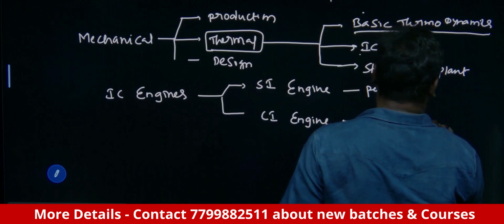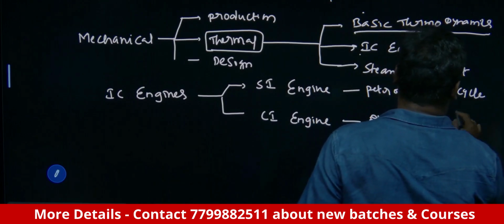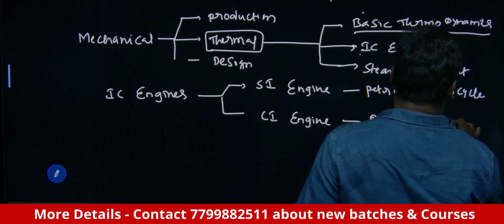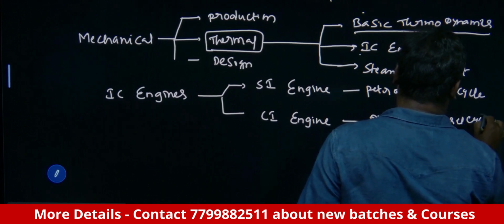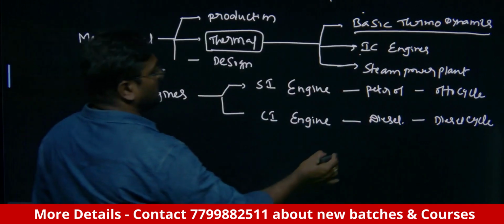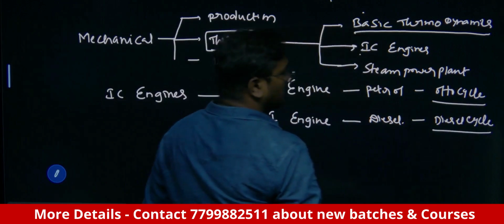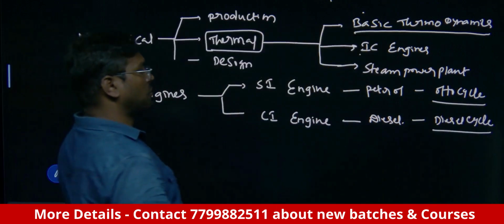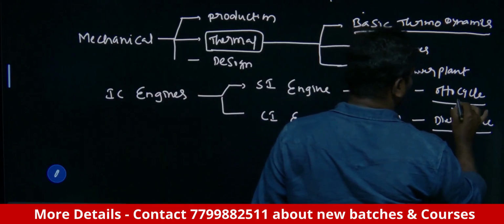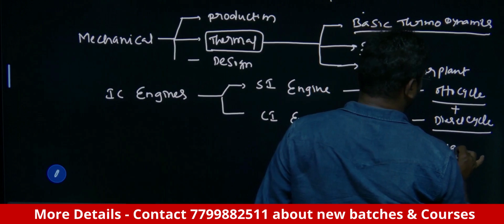The operating cycle for the SI engine is the Otto cycle. This operating cycle is the diesel cycle. That means we have to study different cycles: Otto cycle, diesel cycle. If you mix Otto plus diesel, it is combinedly called the dual cycle.